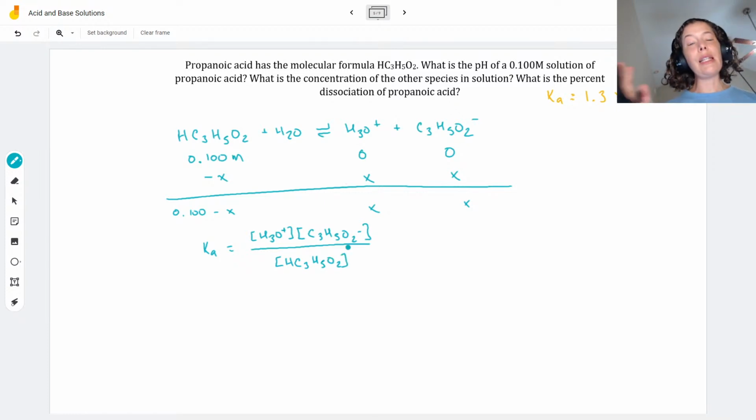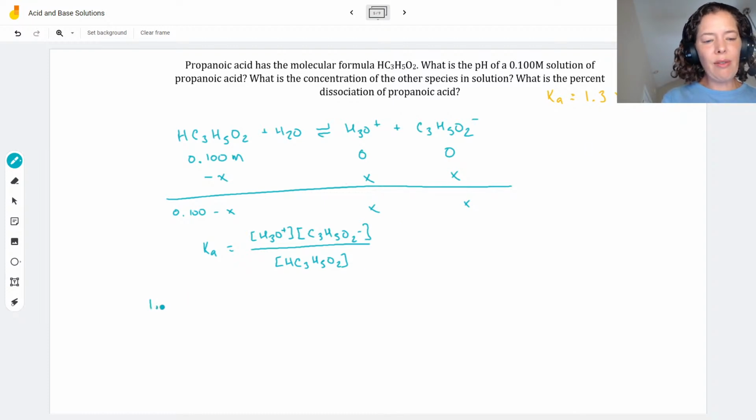Again, you notice I leave water out because that value is already folded into my Ka. So even though I don't have straight up numbers for this, I can still plug in these equilibrium concentrations, and I can also plug in my value for Ka.